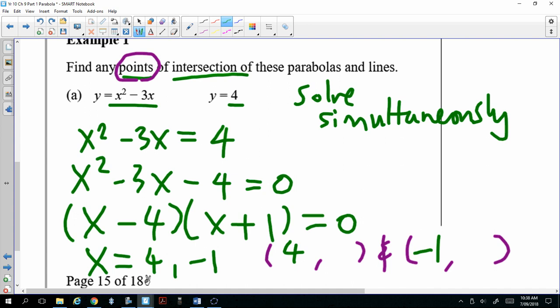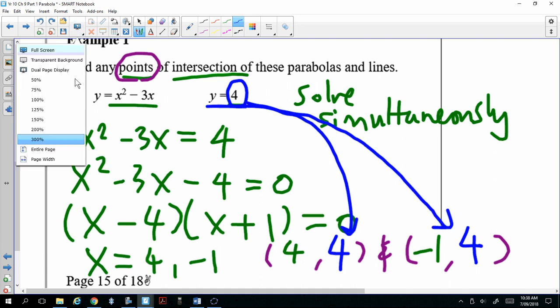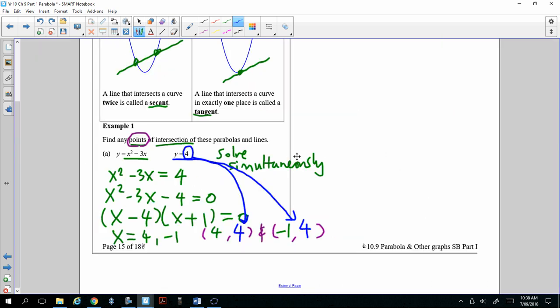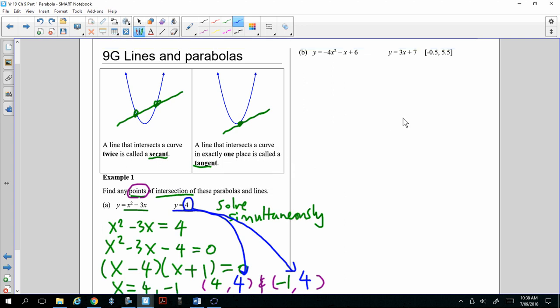For this question, the y value is always 4, because if I substitute x equal to 4 in this equation, I get 4, because it's a horizontal line. If I substitute negative 1, you also get 4. So we found the y value. These are the 2 points where they cross. Any questions? All right, once we do that, we'll do the next question.